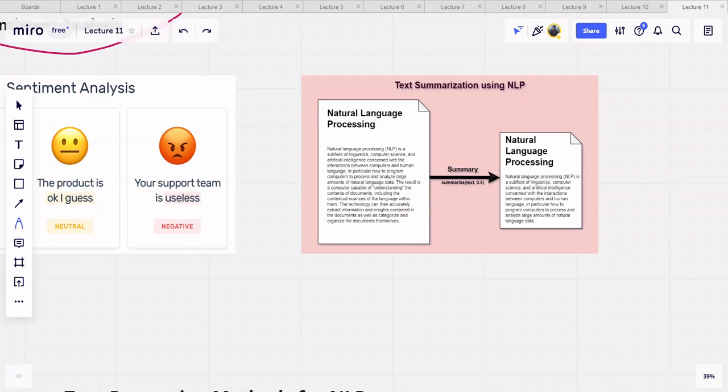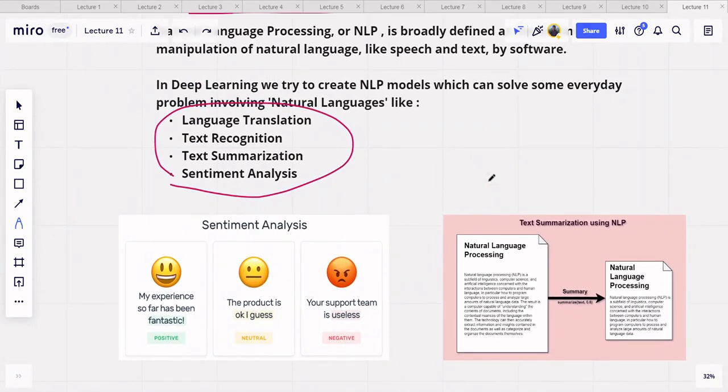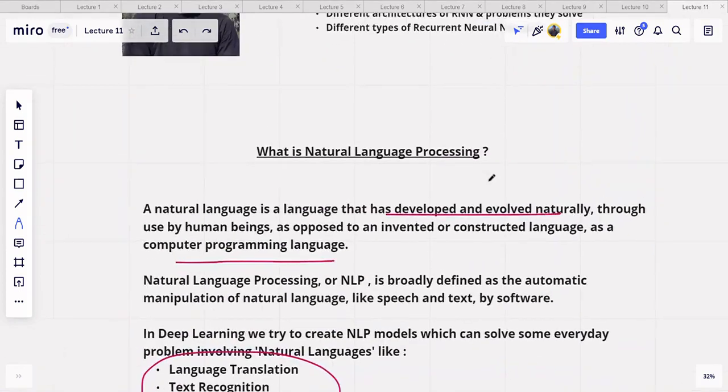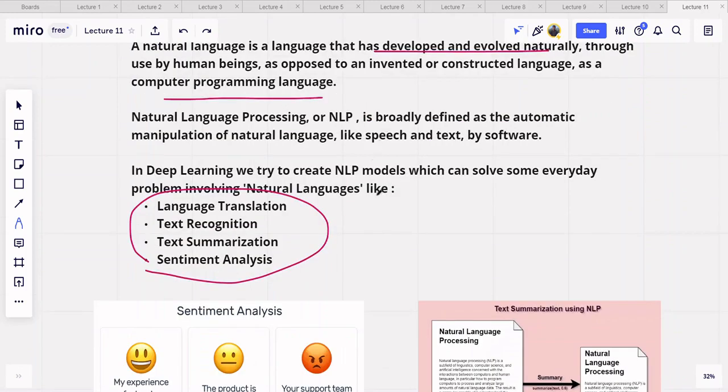So these are some of the applications that we can build using deep learning. Again, natural language processing is a field that deals with natural languages, and from a deep learning perspective, using recurrent neural networks, we can create various NLP models to solve various NLP problems.